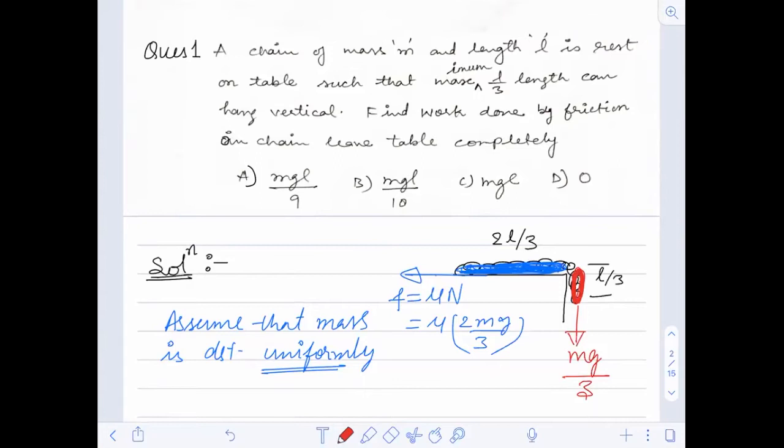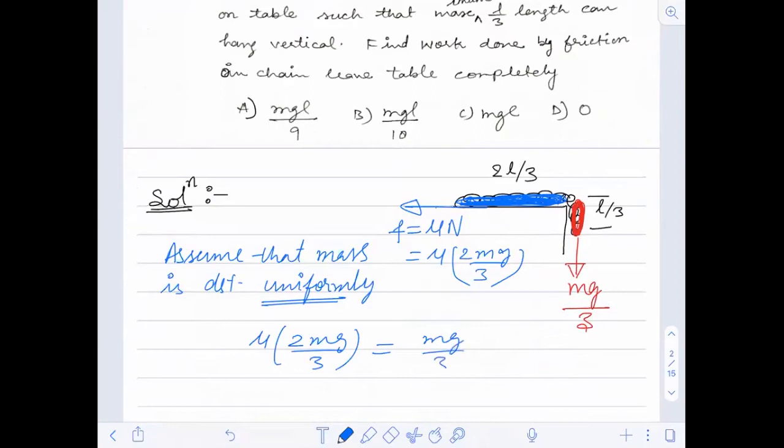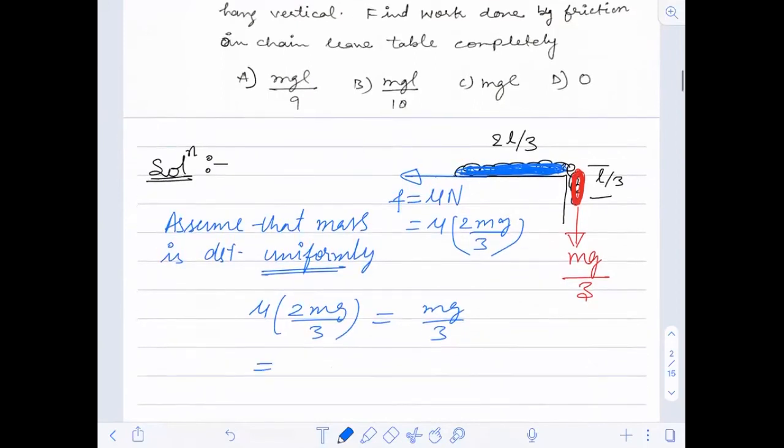Now we have to equate it. So mu times 2 mg by 3 is equal to mg by 3. This implies mu value I have got as 1 by 2. So this is the coefficient of friction.